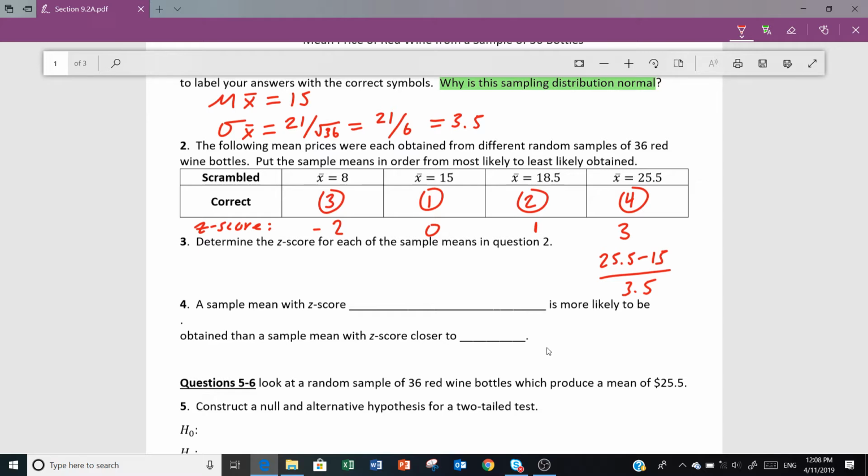Which z-scores are more likely? Does your big question is it's more likely to be z-score?